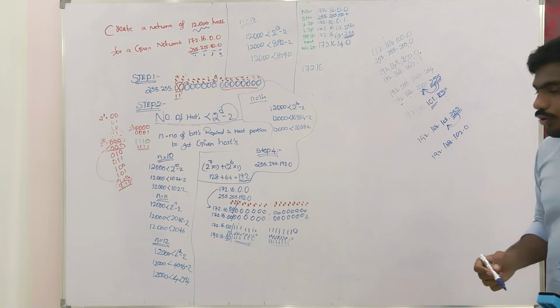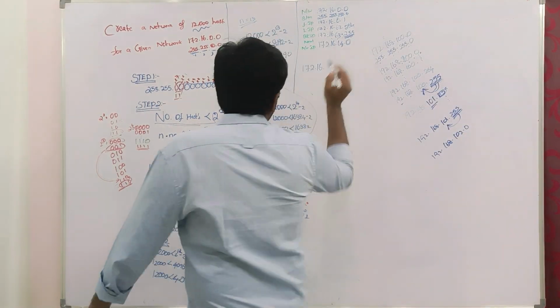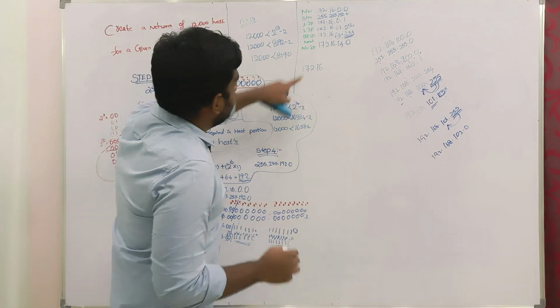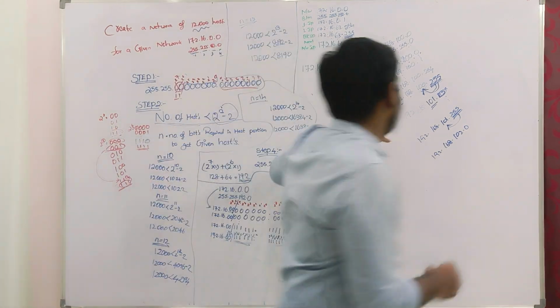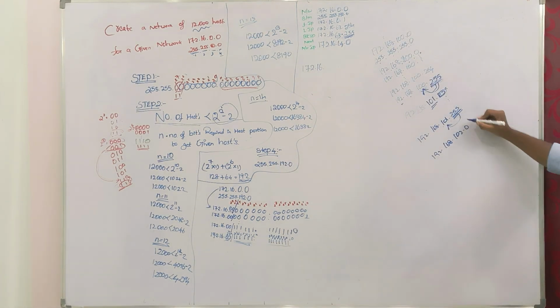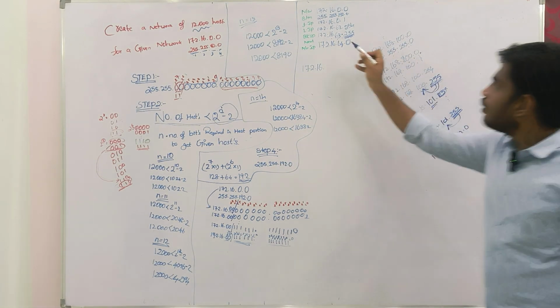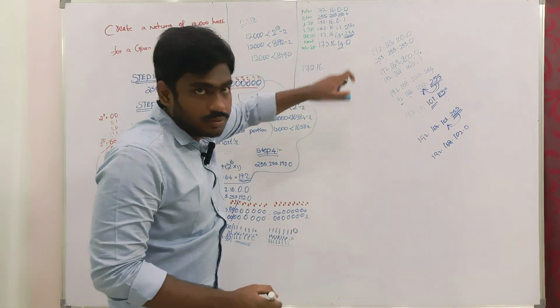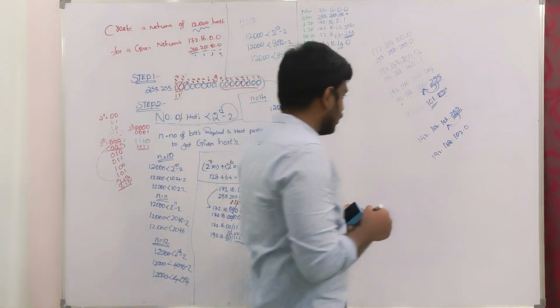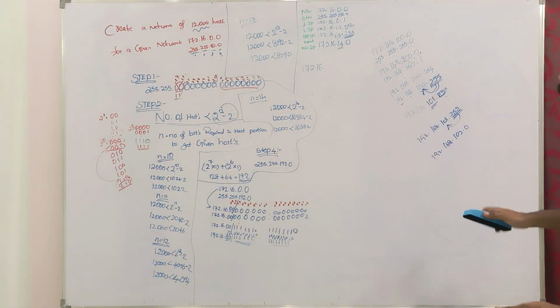I hope you understand now. Here, the broadcast IP is 172.16.63.255. Then you go to the third octet and increase the next value, which is 172.16.64.0. I hope you understand it now.